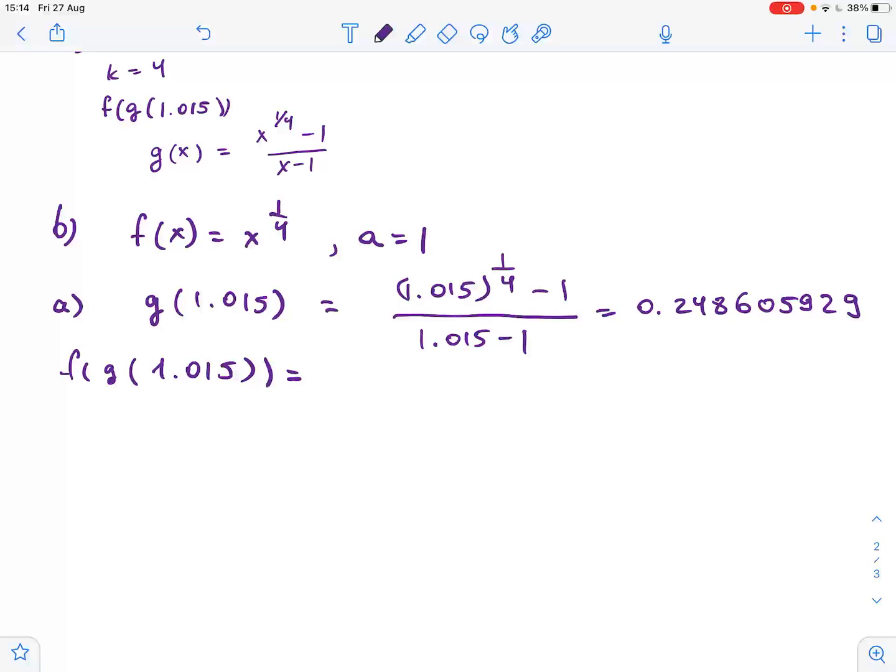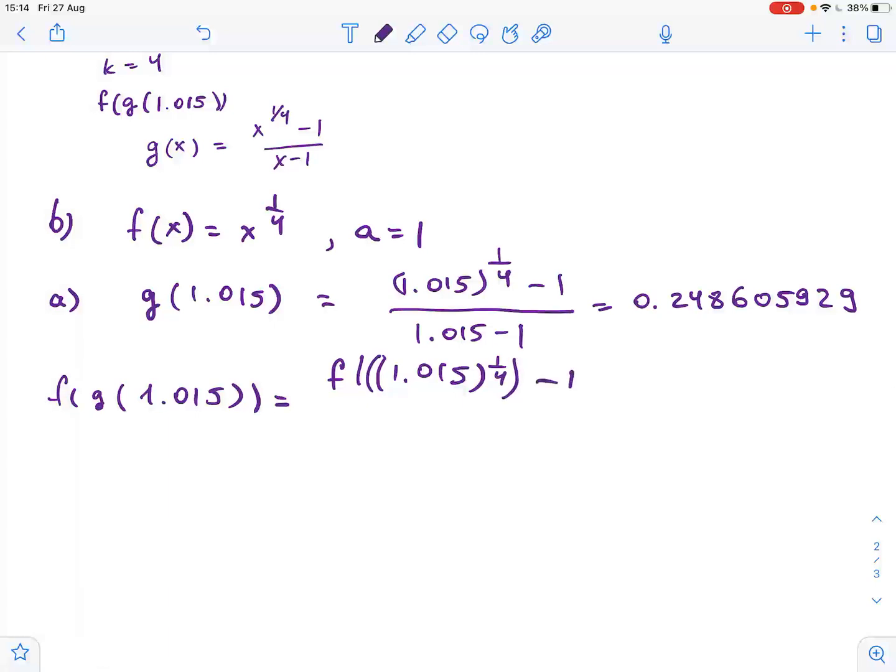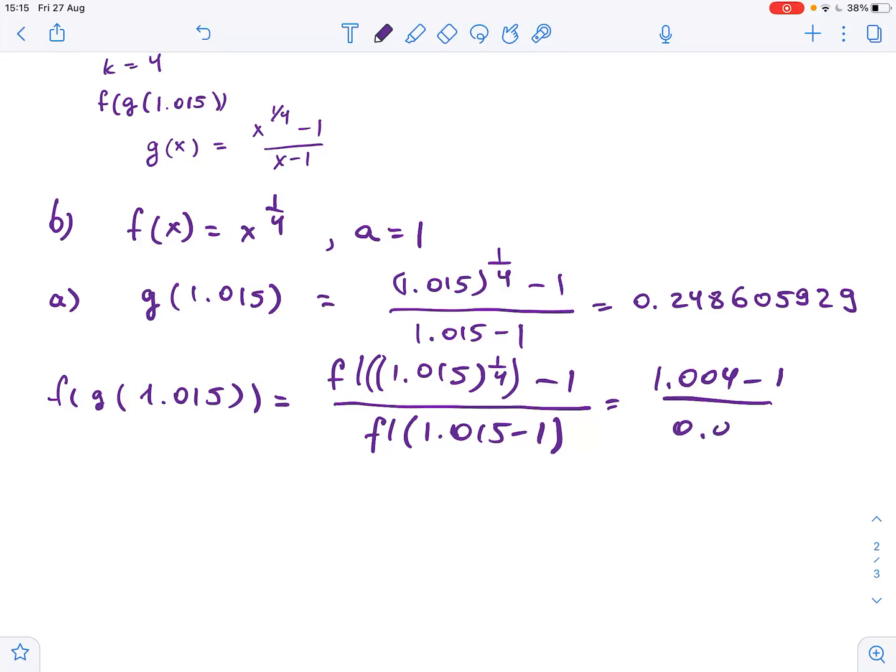Let me write it a bit down here. So this equals FL of 1.015 to the power of 1 over 4 minus 1 over FL of 1.015 minus 1, and this equals 1.004 minus 1 over 0.015.